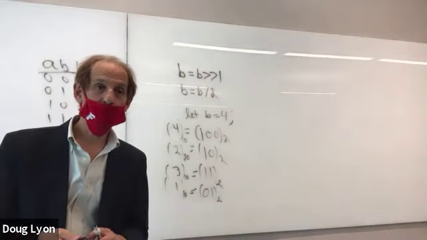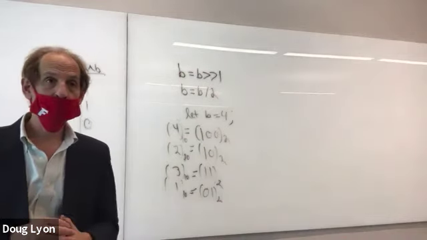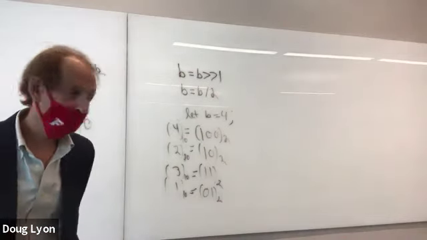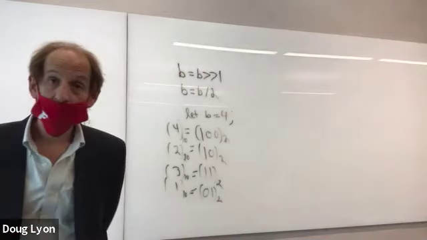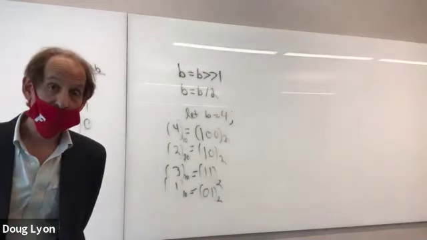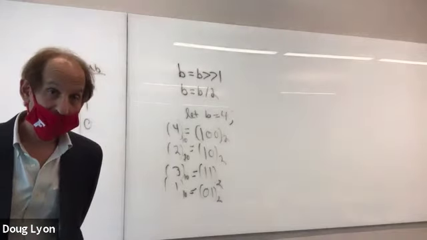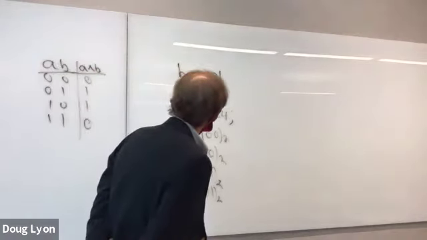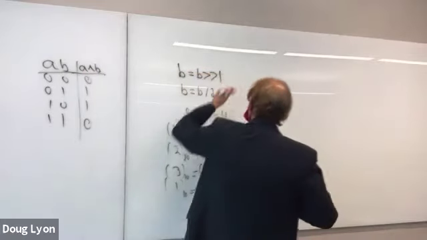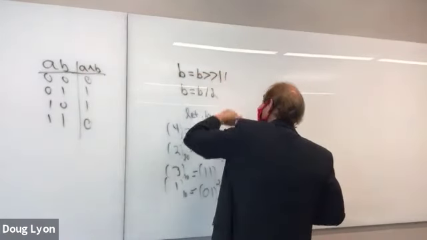Yes, sir. So the B greater than 1 and B divided by 2, are those the same operator or are they different? They give you the same result. They are different operators. And the reason why is because if you want, you could shift over by 10 or 11.